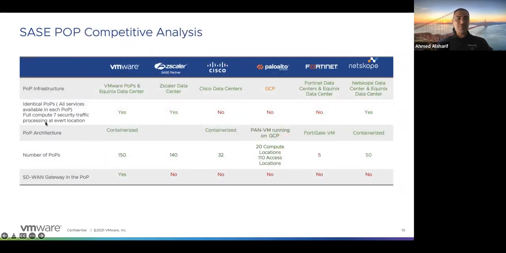The roadmap, the location of the POPs as well, is super important. You need to understand how many POPs everyone has when you want to compare one vendor to another vendor. You need to understand the location of these POPs, because physically you're not going to your data center, you're going to these POPs. So the customer would like to understand where their users are going to be connected physically.